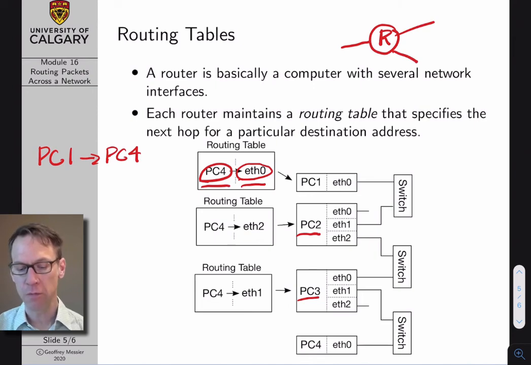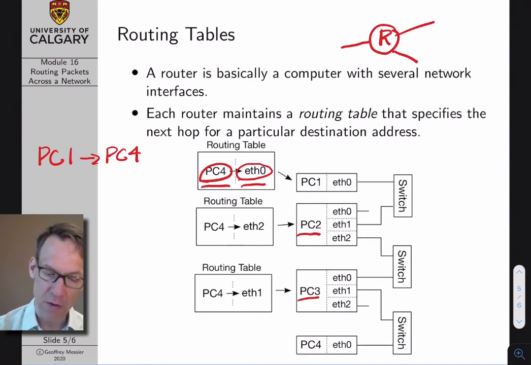Now, if you look in this picture, PC number 1 only has 1 Ethernet interface. And so as you can imagine, basically all packets it sends are going to use Ethernet 0. And we'll talk about default network routes later on when we get into our discussion. But for now anyways, the routing table for PC1 tells us to send the packet out Ethernet interface 0.